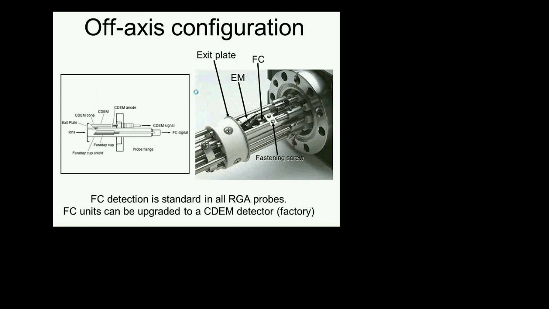Okay? So I was talking to you about the two ways. Here's what happens depending on whether you're going to use the Faraday cup or the electron multiplier, and you can have both in a unit. As an ion comes in, if the electron multiplier is not turned on, it will go into the Faraday cup, right?